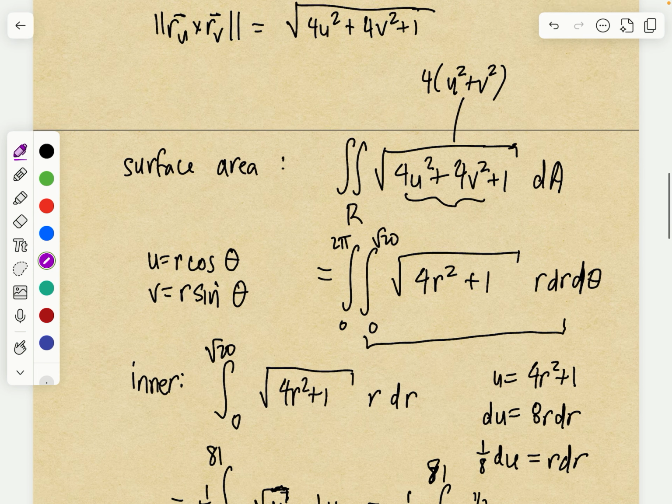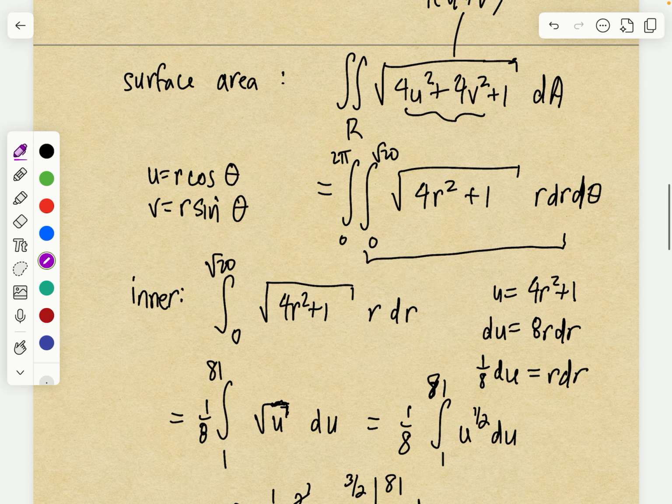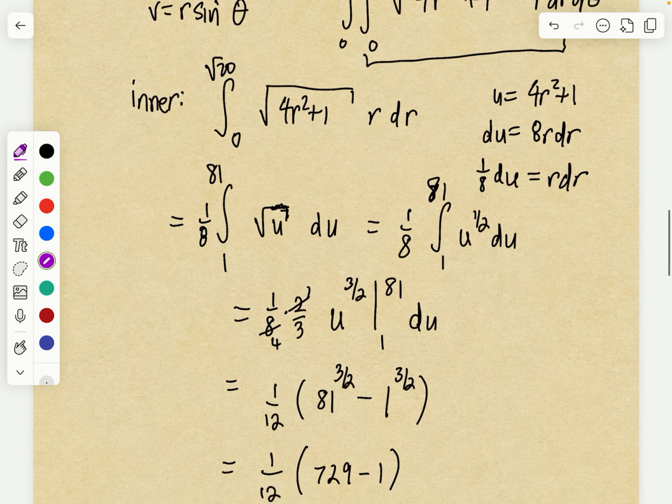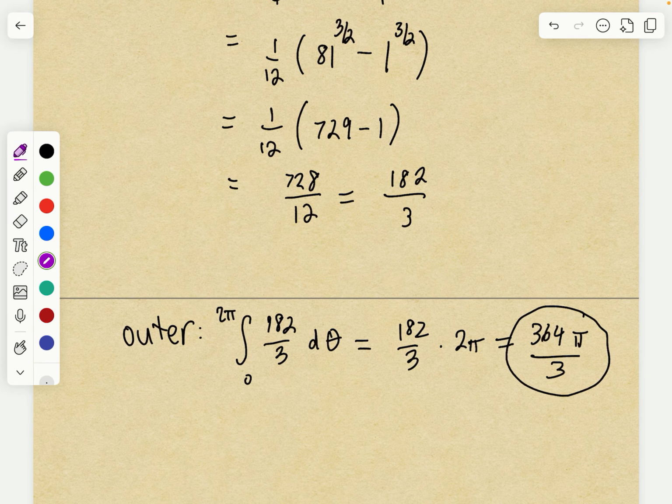So we needed to integrate that function over R. Since R was a circular region, we had to use polar coordinates, and then do a substitution. We ended up getting this as the answer.